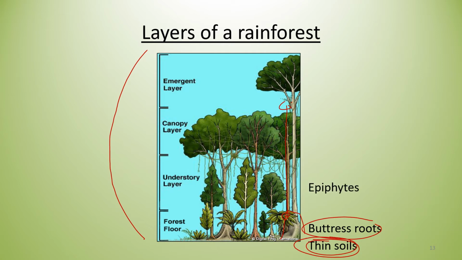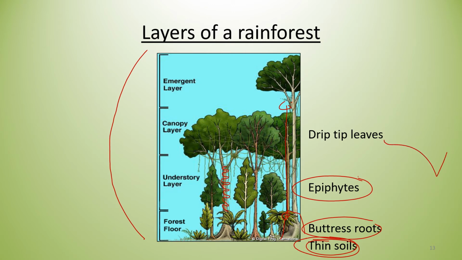On the understory layer, you have epiphytes. Due to the competition of all of the vegetation there, epiphytes are trees and plants that grow around other trees in order to compete for sunlight. In the canopy layer, you have drip-tip leaves.